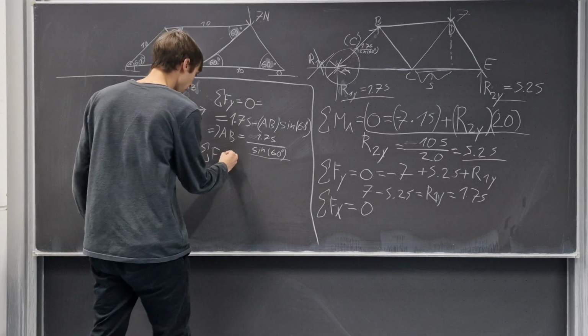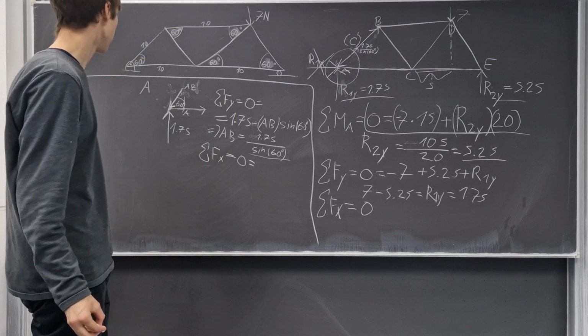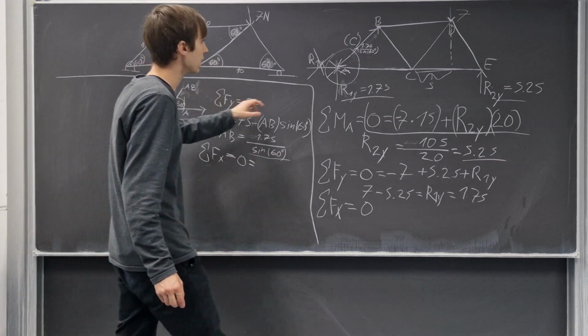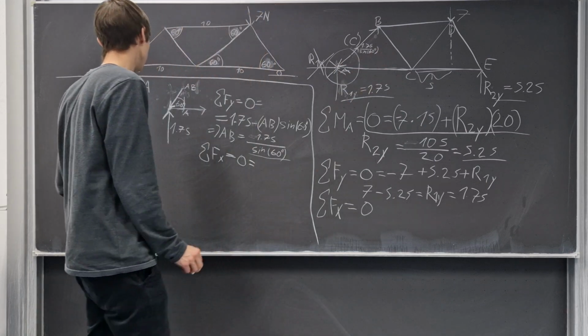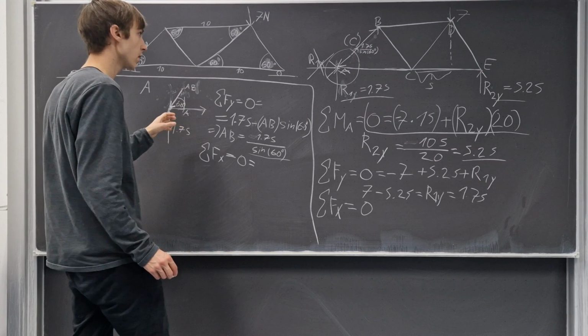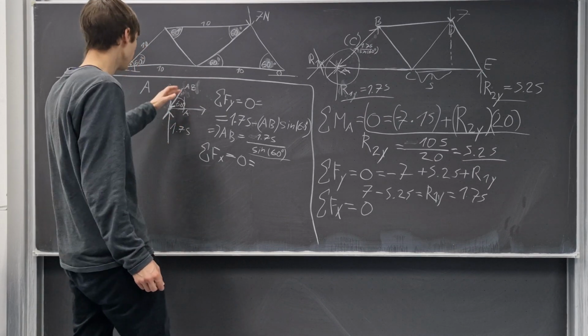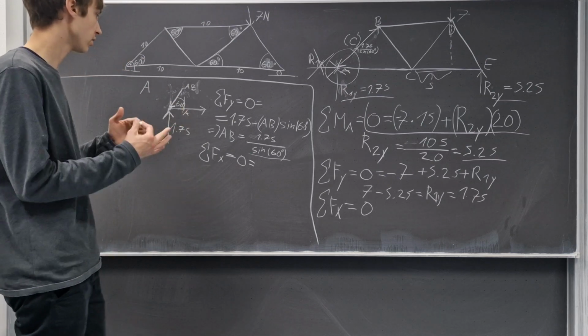So the sum of x forces is 0 as always. And then what do we have? Well, we figured out AB to be this, but we now take care of the x component.